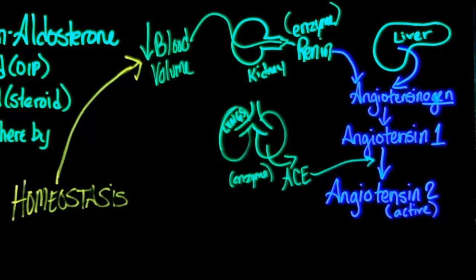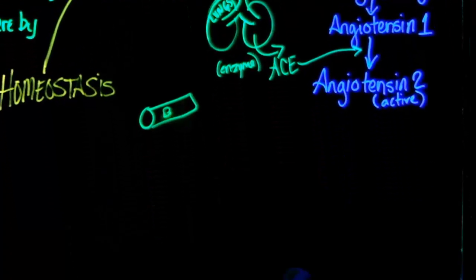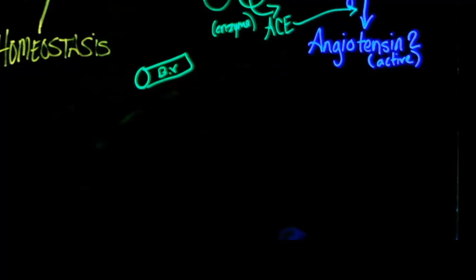Now remember, this is the protein-based hormone, and any tissue that has a receptor for angiotensin 2 will be able to respond. All tissues that have receptors for angiotensin 2 will respond to this signal and elicit a series of effects. The effects that we can expect from angiotensin 2 are somewhat broad. First, angiotensin 2 is going to target and bind to receptors in blood vessels.